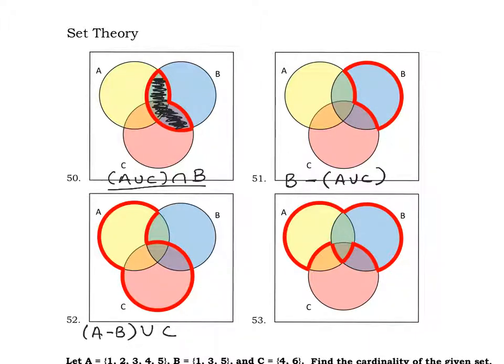And then this last one, there's all kinds of things that we could put here. I was going to look at this part first, and that looks like A union B, but I'm taking set C away from that.